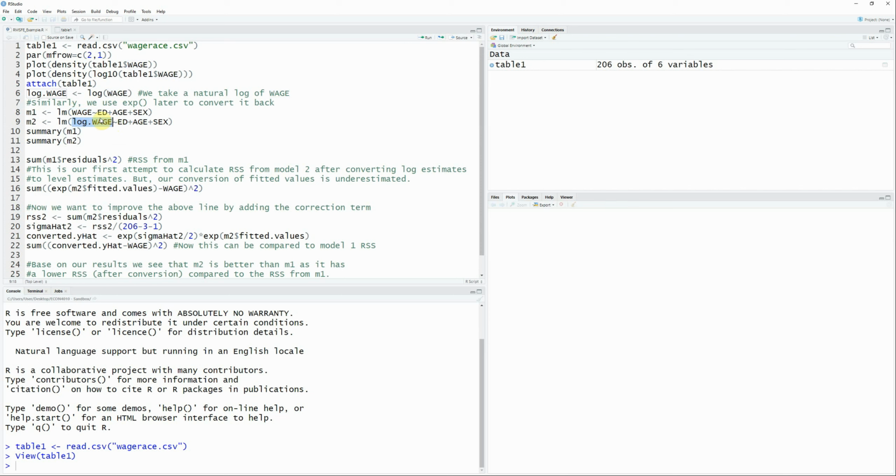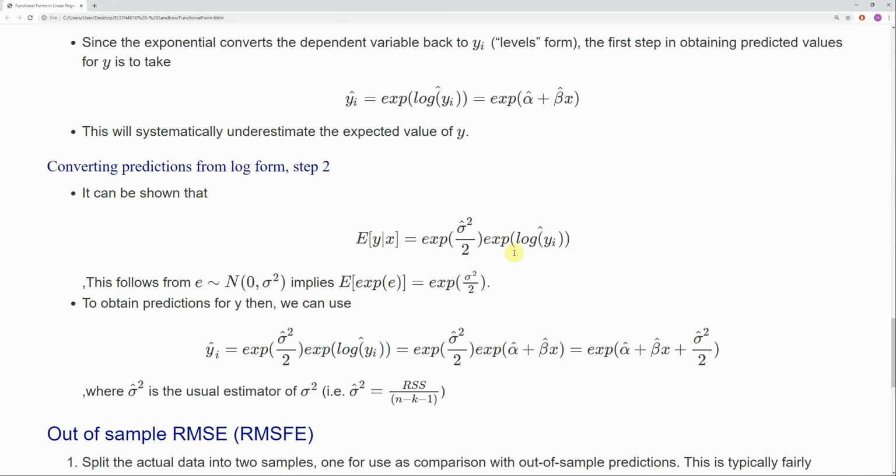So we covered that a bit in the class, but here again, we want to compare these two models correctly after applying the right correction terms that are explained here.